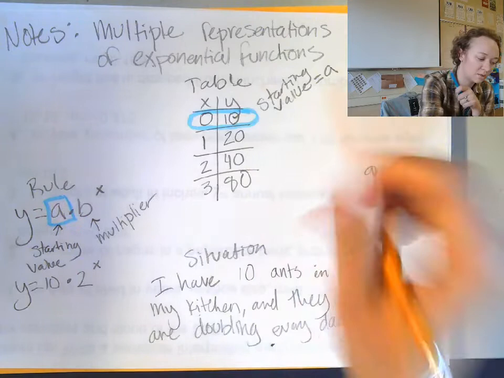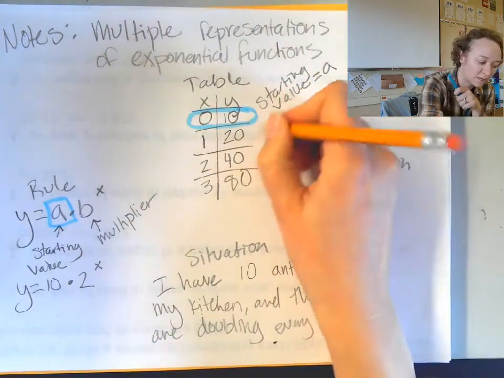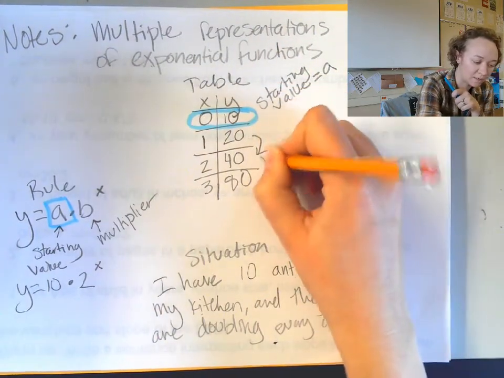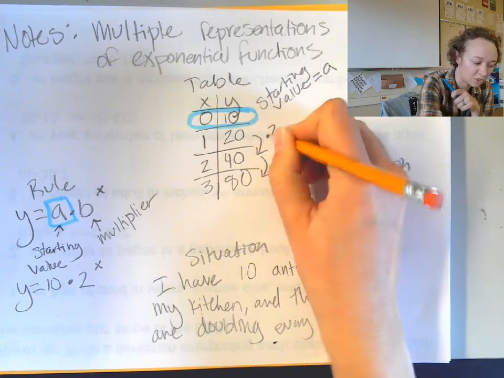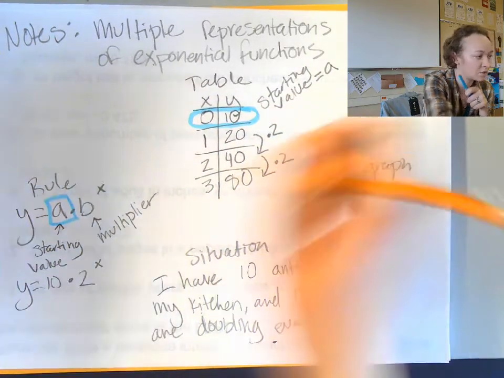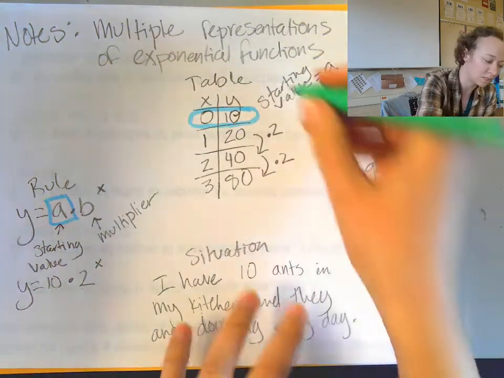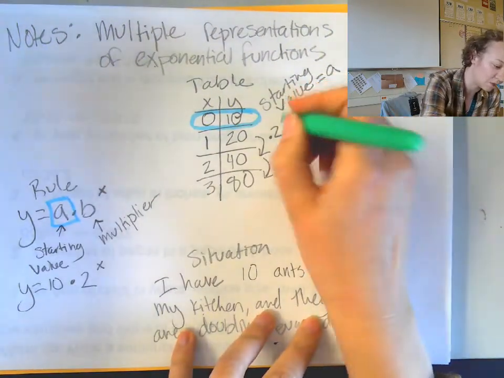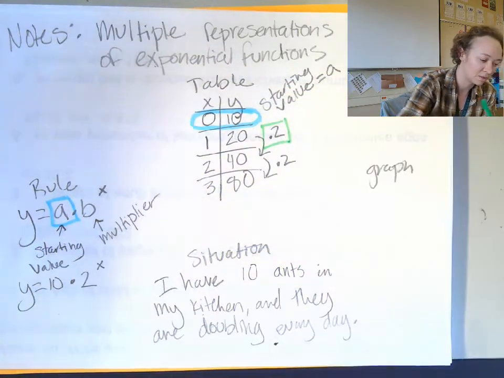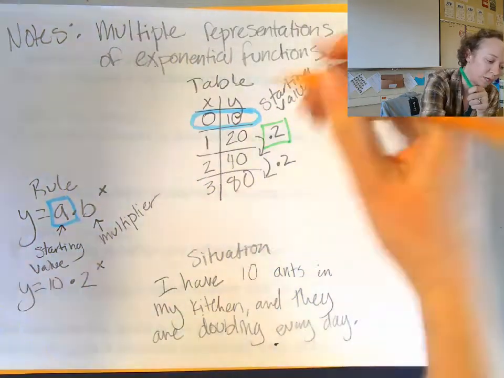Then to see my B, that's what I'm multiplying by each time. Times 2, times 2. That's my B. We'll do A's in blue and B's in green. So that is my multiplier.